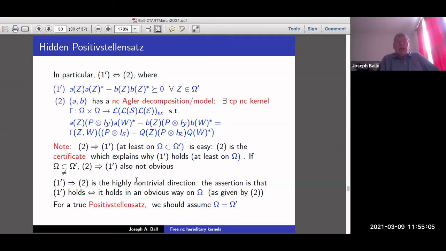But this suggests a positive Stellensatz. Namely, if omega were equal to omega prime, then you have condition 1 prime, and this condition 2 is the certificate for why 1 prime should hold.